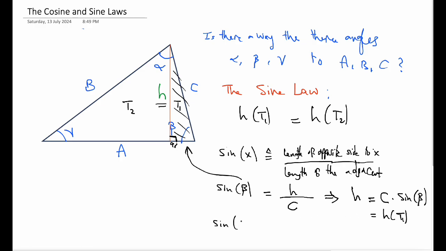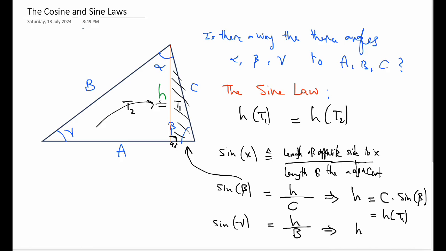Similarly, if you try to find sine of gamma, you will get H divided by B. So H is the opposite side, divided by the adjacent, which is capital B. Now do the cross multiplication.